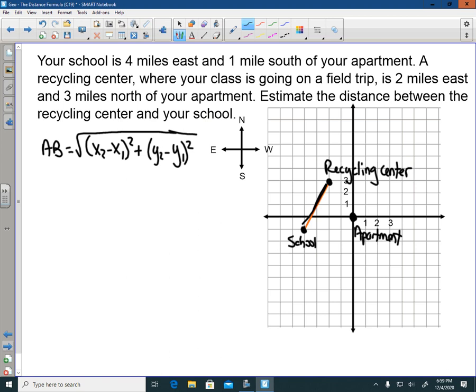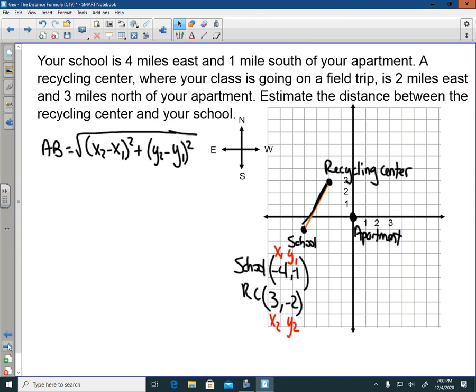Well, your school is at negative 4, negative 1. And the recycling center is at positive 2, 3, so 3, negative 2. And now we have our points. Here's our x1, y1. Here's our x2, y2. And now we can jam those numbers into this formula.